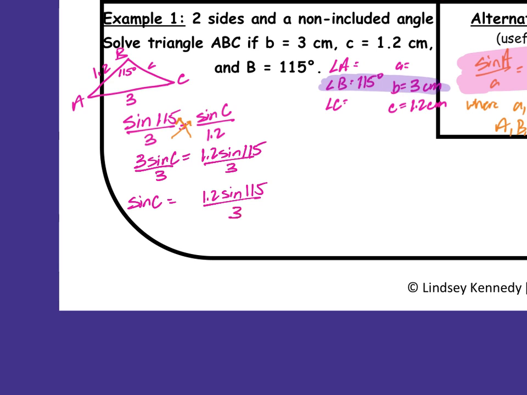But I don't want sine of C, I want C. So how do I undo sine? I know it's been a couple weeks, but does anyone remember how to undo sine? Anybody? How do I get C to be by itself?